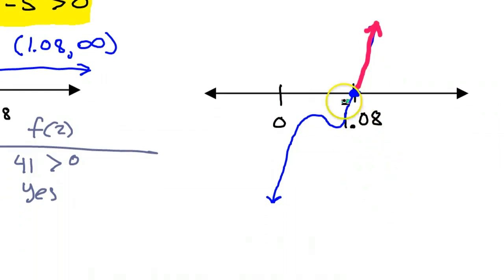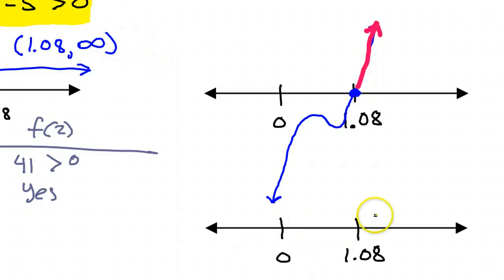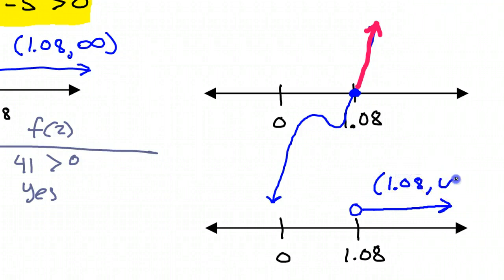Now if I wanted to look at just the x values, in other words, if I wanted to flatten this out into a number line graph like the way we express our solutions, I would see that these pink solutions here, they start at 1.08 but not including 1.08. So I'll put an open circle, and then they go to the right from there. So I would draw my arrow going to the right from there. And of course, once again, that would be 1.08 to positive infinity.